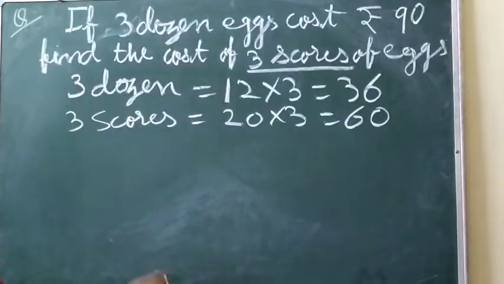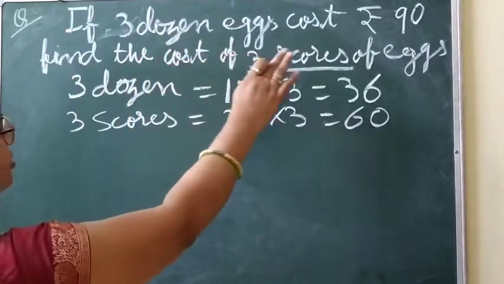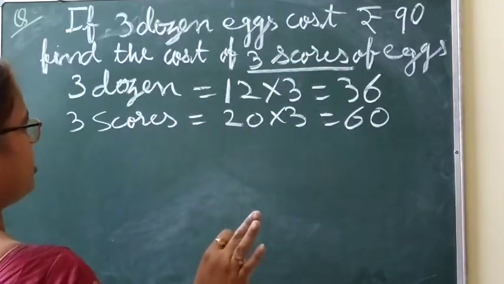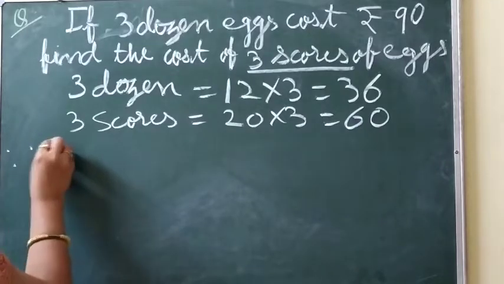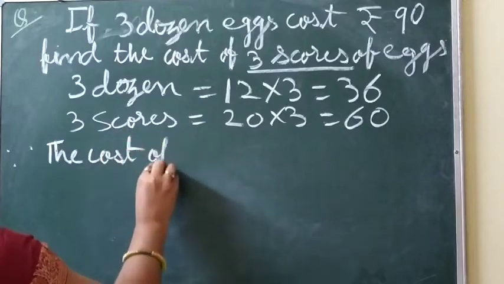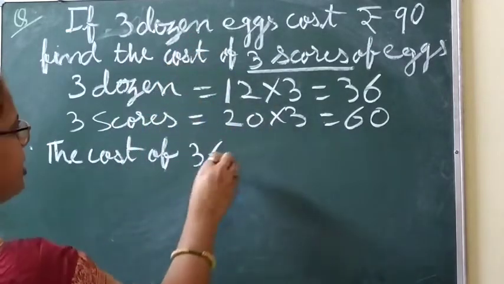So now according to the question, let's solve it. If 3 dozen eggs cost rupees 90, we have to find out the cost. In place of 3 dozen we can write 36.